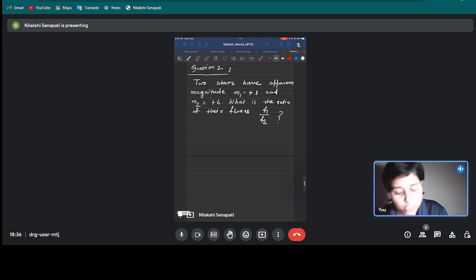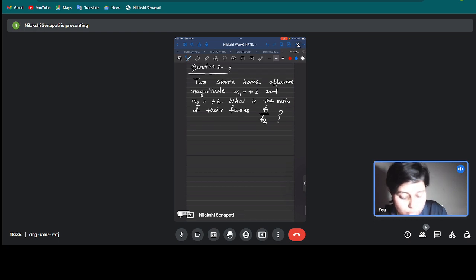So question 2 is telling: two stars have apparent magnitudes m1 equal to plus 1 and m2 equal to plus 6, what is the ratio of their fluxes? I will not discuss what apparent, absolute, or volumetric magnitude is at this moment, because I have discussed those definitions and formulas elaborately. I will directly write the formula.